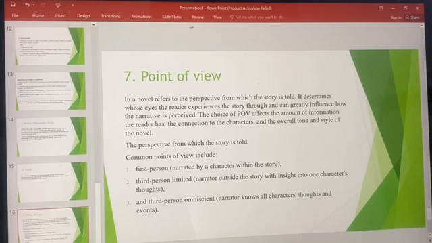And we have another type, the third person limited, a narrator outside the story, with insight into one character's thoughts. And we have the other type, which is the third person omniscient, where the narrator knows all characters' thoughts and events. And this is the last point, or the last pillar of the novel.